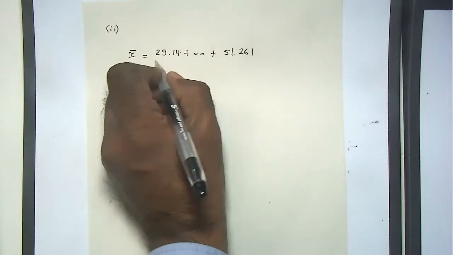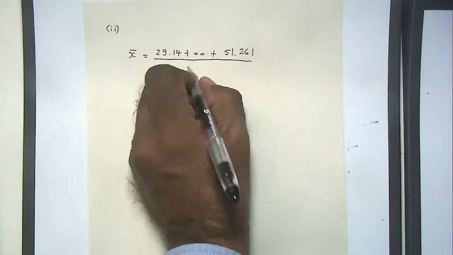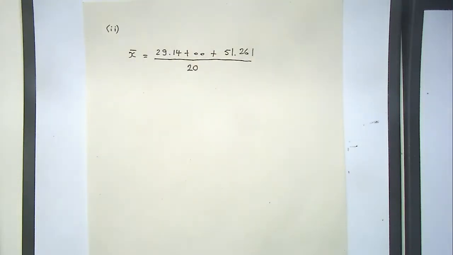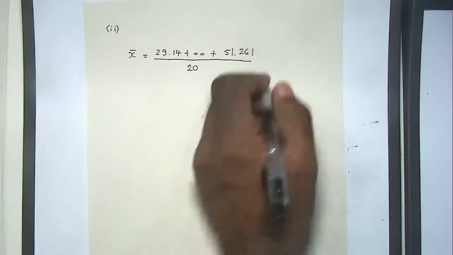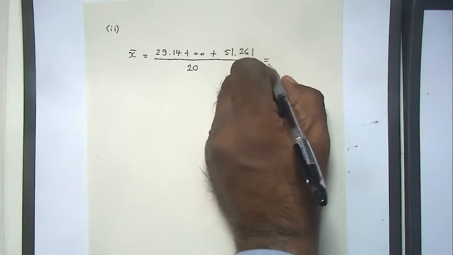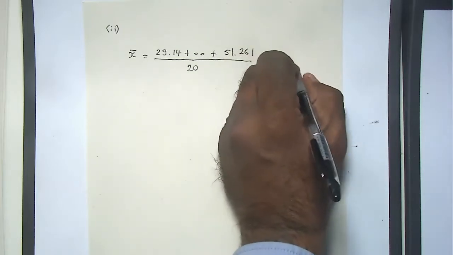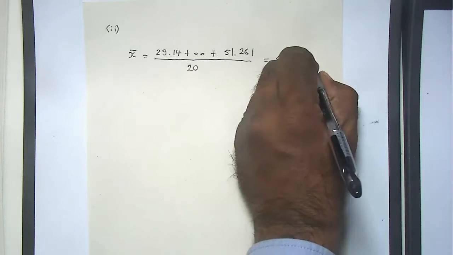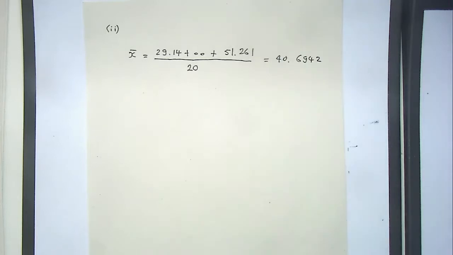So you sum all these numbers and divide by the number of data points, which is 20, right? And if you do that, you will get the sample mean, which is equal to 40.6942. All right, this is the sample mean.